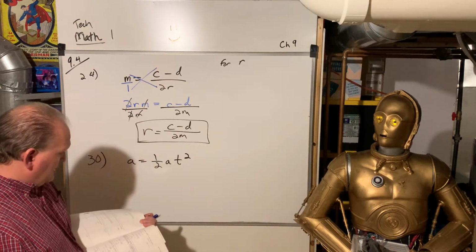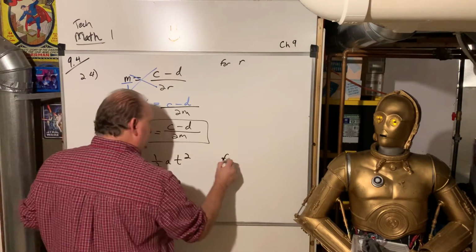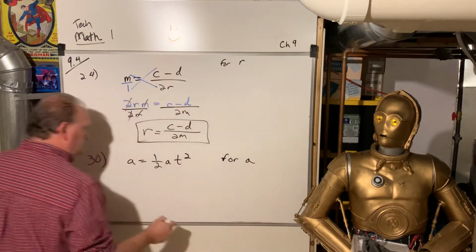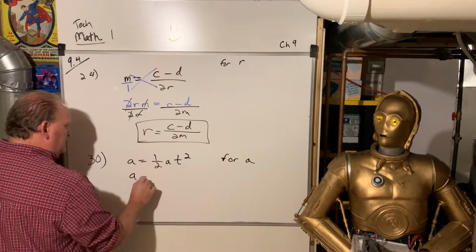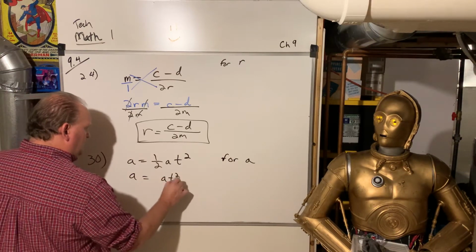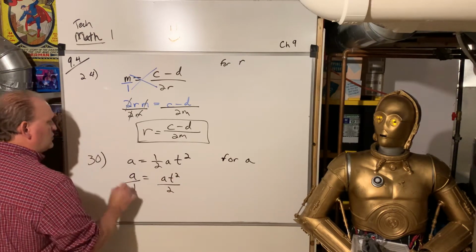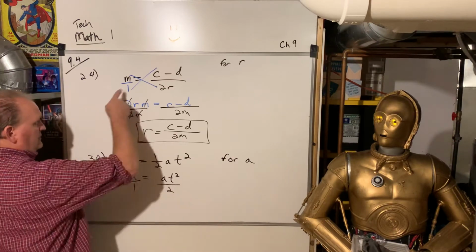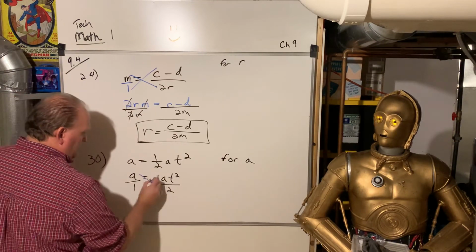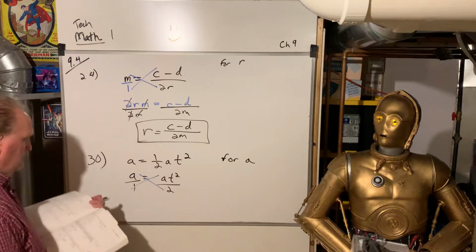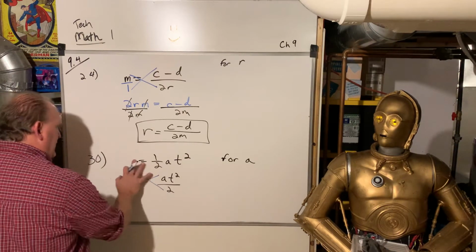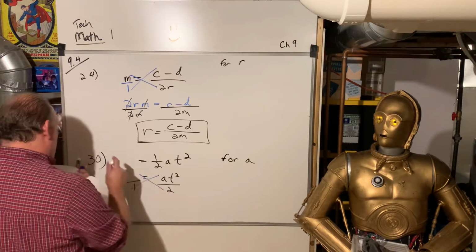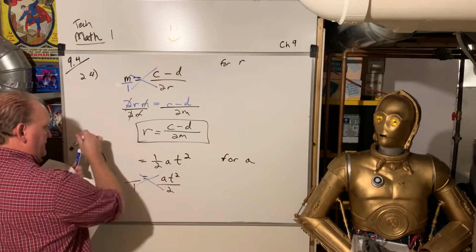They want me to solve for A. And so they want this solved out. What you could do is say this is like AT squared over 2. And then cross multiply and solve, just like what we did there. And so, wait a minute. Oh, this is an S, not an A. I was going to say, how did they do that with 2 A's?